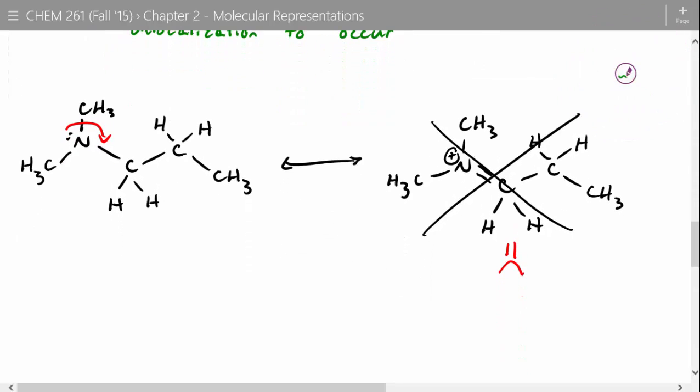And then, what's the hybridization for this nitrogen atom? sp3, because the lone pair cannot delocalize.